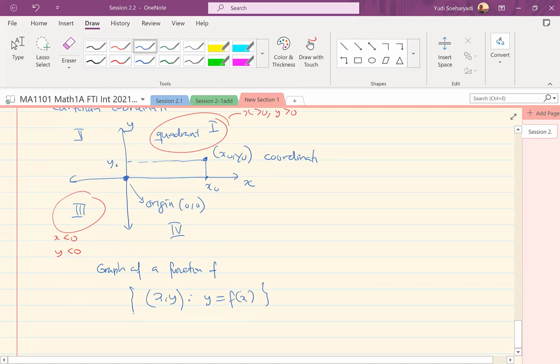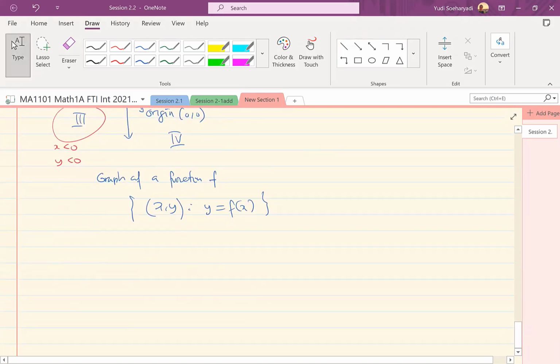Okay, so I guess yesterday you learned about linear functions. That is, usually we write something like this. Okay, so this is what we call a slope-intercept form.